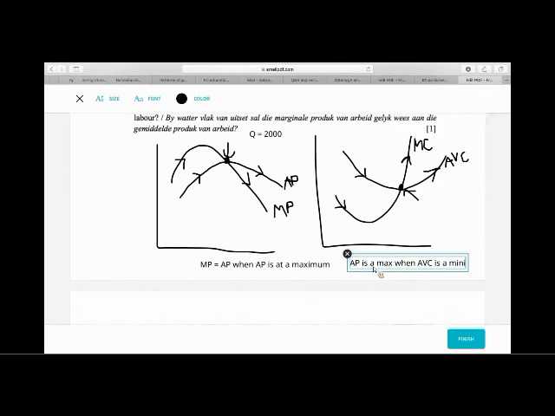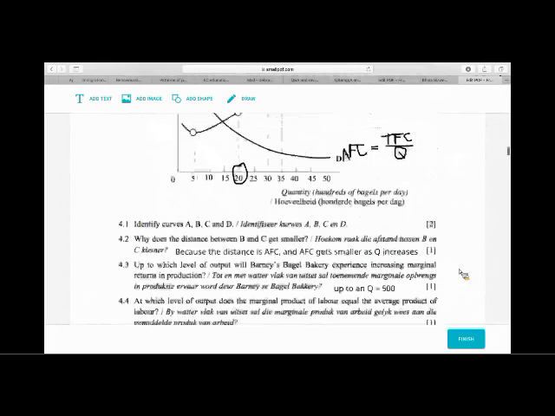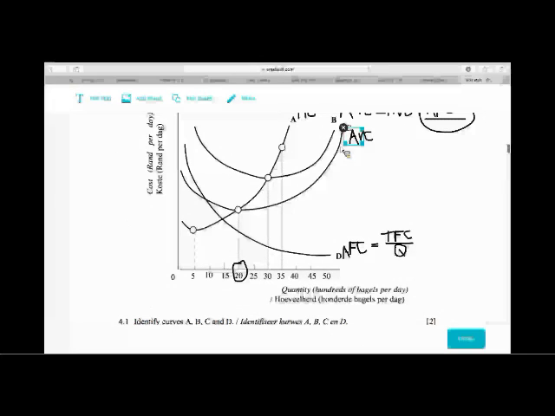So it stands to reason that the output at which marginal product equals average product is the output when AVC is a minimum. And in the picture, we can see that this is the AVC curve, C. It's a minimum at that point there, and the quantity is 20 times 100, so the answer is 2,000.